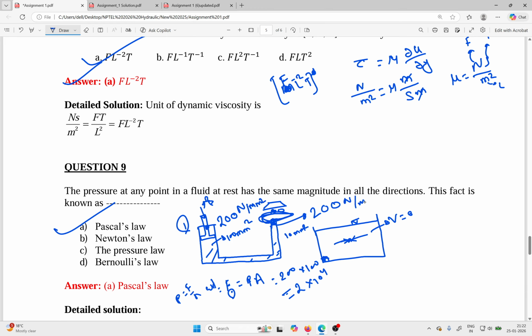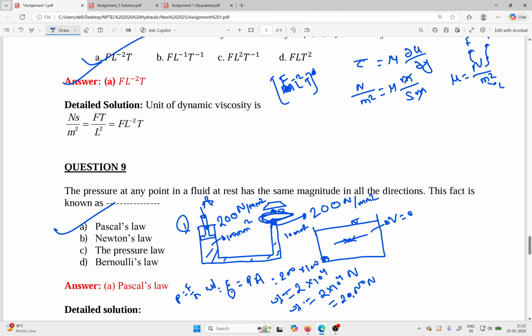So the force, or weight, will be 2 into 10 to the power 4 Newton. Here you can write 20,000 Newton.